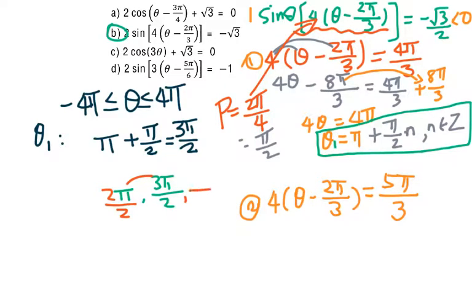I just add pi over 2 every time. So I got 4 pi over 2, then 5 pi over 2, then 6 pi over 2, and 7 pi over 2, then you have 8 pi over 2.